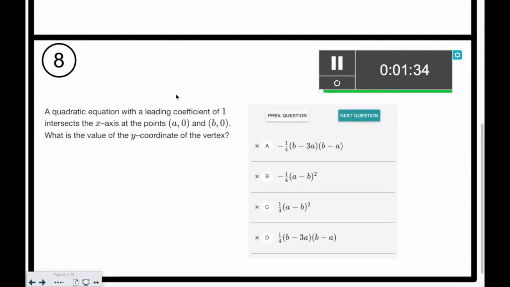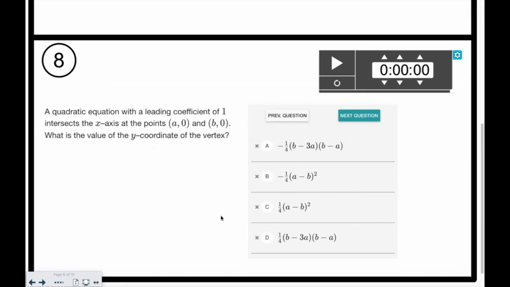All right, got another, I think, pretty challenging problem. I'm going to do this the more straightforward way. One way to do this, which may or may not be faster than what I'm about to show you, would be to pick your own values for A and B, go to Desmos, and graph the equation, find the y coordinate of the vertex, and then plug your values of A and B into each answer to see which one matches your vertex.